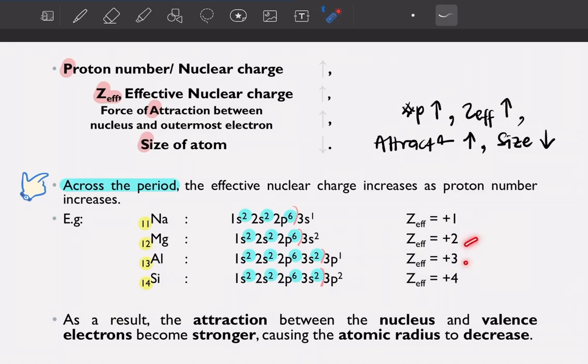Magnesium is +2, aluminium is +3, silicon is +4. So you can see that across the period, the effective nuclear charge is increasing. Okay, so therefore awak sambunglah dengan point lain, attraction between nucleus and valence electrons becomes stronger. So your atomic radius decreases across the period.